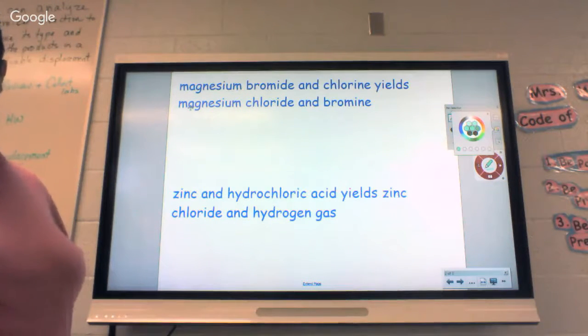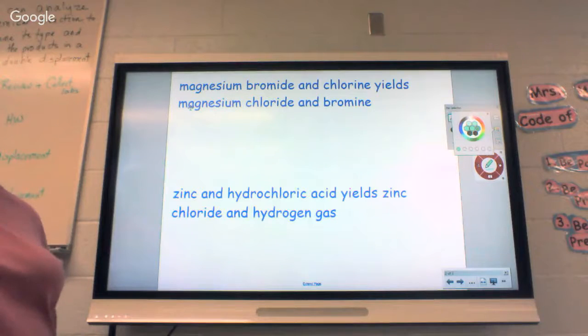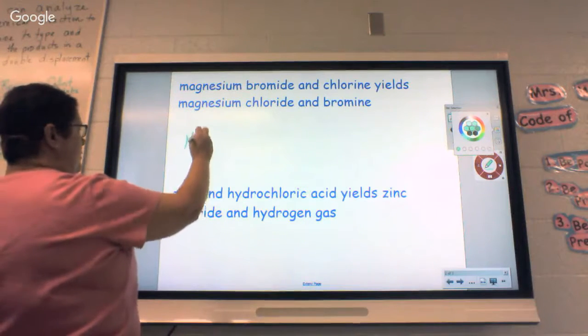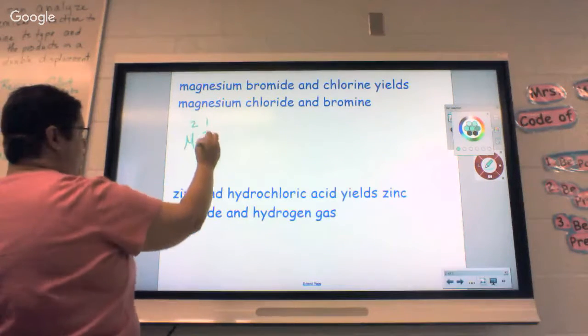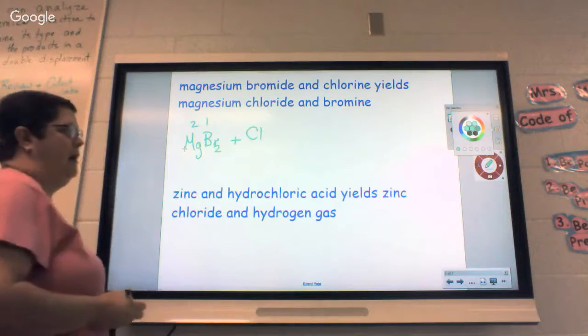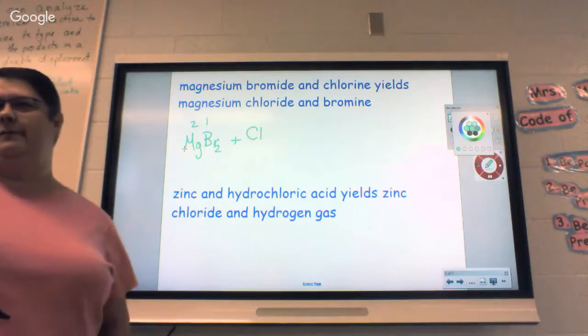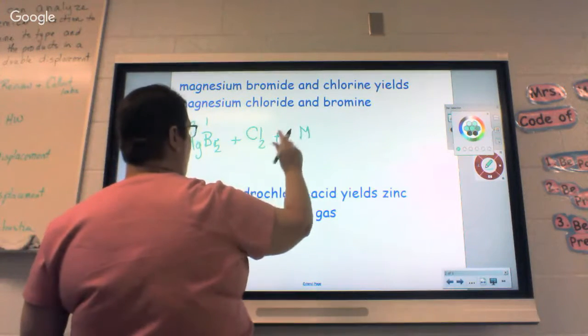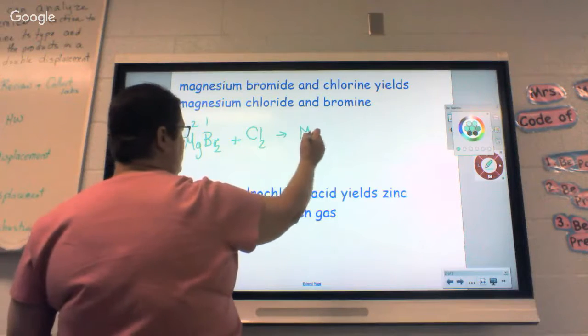Yeah. This is homework. This is the 4 problem. All right. So magnesium bromide is a compound. So magnesium bromide has a 2 and a 1. You get a 2 there. Plus chlorine is an element. Is it one of the 7? Yes, it gets a 2. Plus magnesium chloride is a compound.